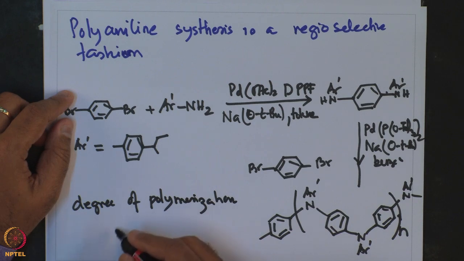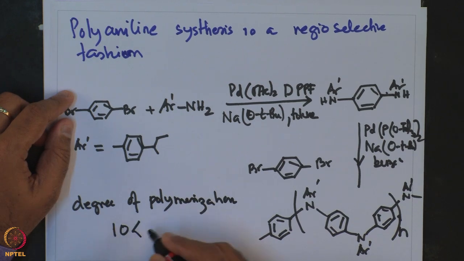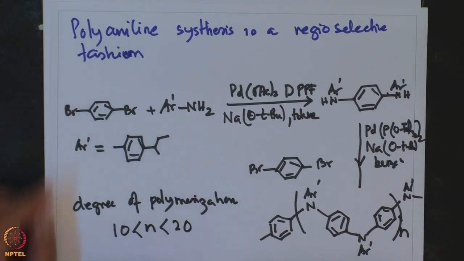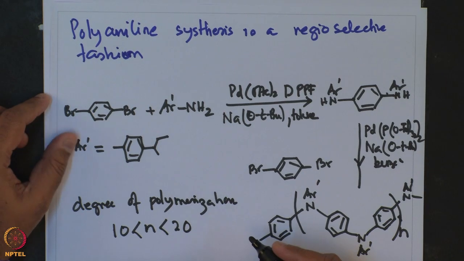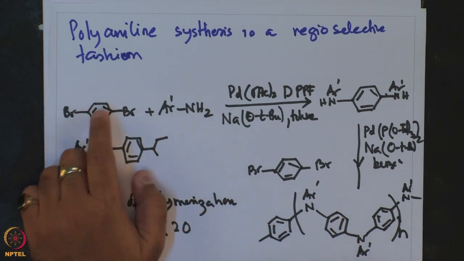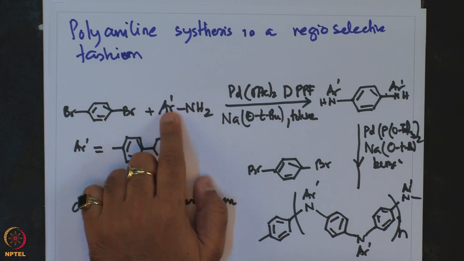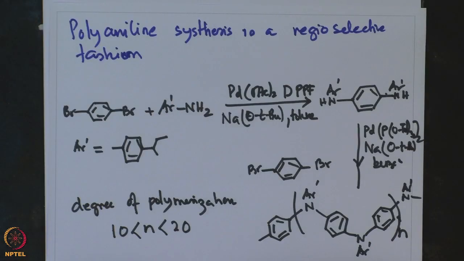can vary from n being greater than 10 and less than 20, and also by varying the aryl bromide and this arylamine fragment, as well as this dibromide fragment, one can create a large library of this polyaniline compound of different structure and properties.